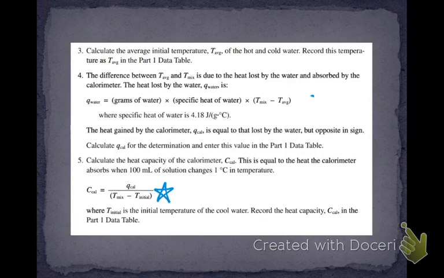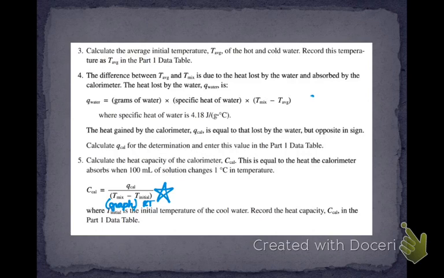T mix you get from the graph, that point where it crosses the y-axis, and then T initial is what the room temperature water was when you started your experiment to determine the heat capacity. And then this is going to give you the heat capacity, or the C of the calorimeter.